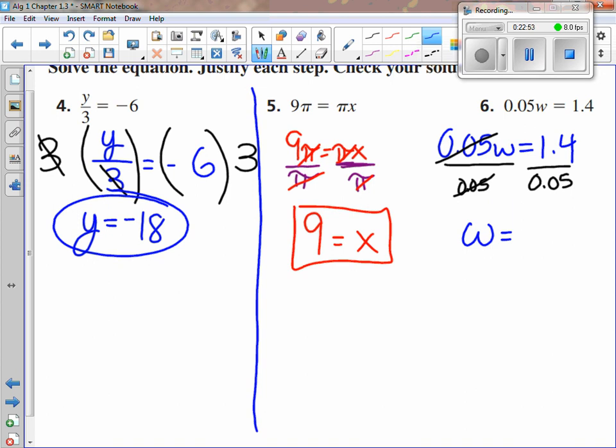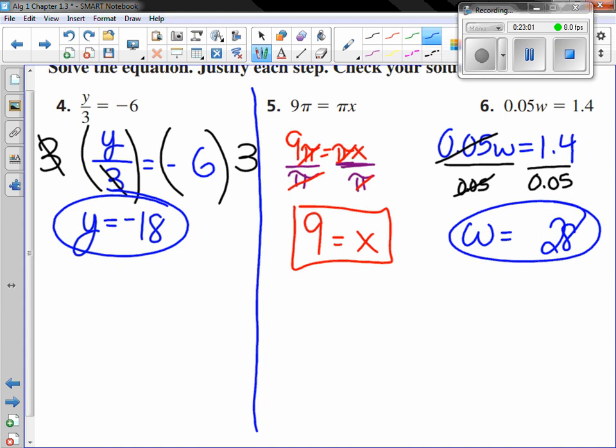And when we do that division, we get that the value of w is 28. And that's our answer. Our justification for getting to that answer is that we used our division property of equality and divided both sides by 0.05. And that's how we get to our answer.